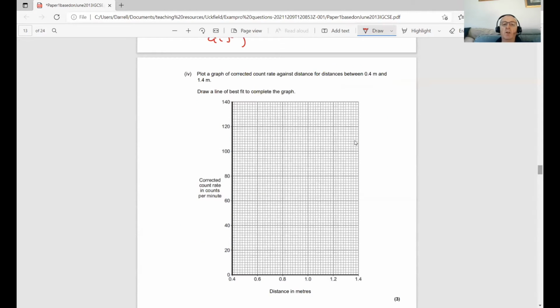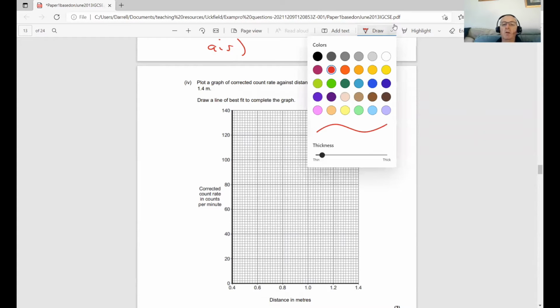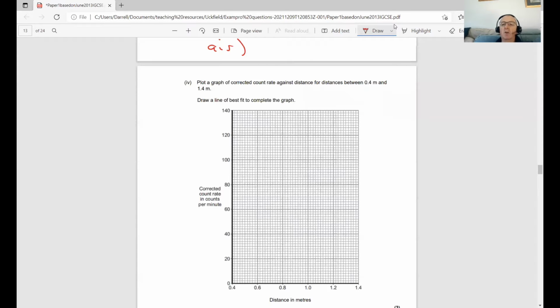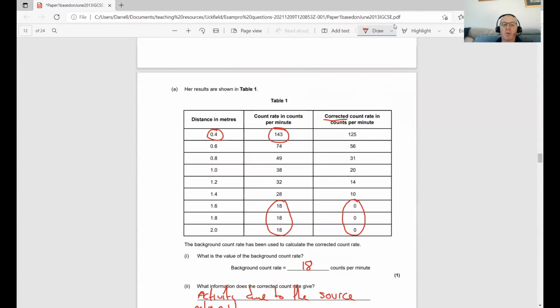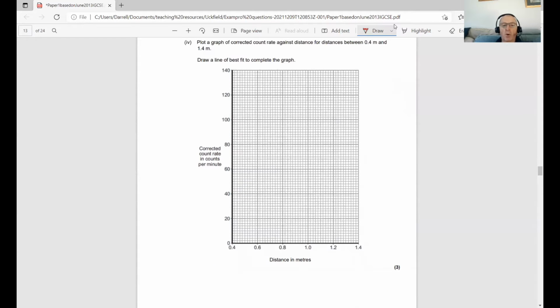Well, the graph of corrected count rate against distance for distances between 0.4 and 1.4 meters. Let me just make my line a bit thinner now. So we've got 0.4 and 125. It's a little difficult to see on there.